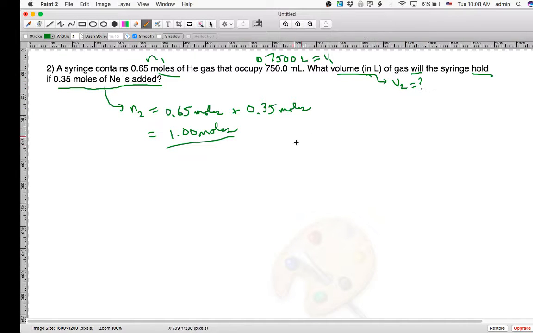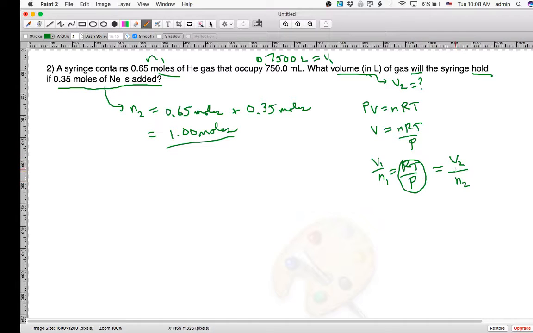To solve this problem, you could use algebra. You could say that PV equals nRT, and R, T, and P are staying the same, so V equals nRT over P. Divide both sides by n: V over n equals RT over P. This stays the same no matter what happens, so if the volume and moles of gas that you started with equal this number that never changes, then the volume and moles of gas that you end with should also equal that number.